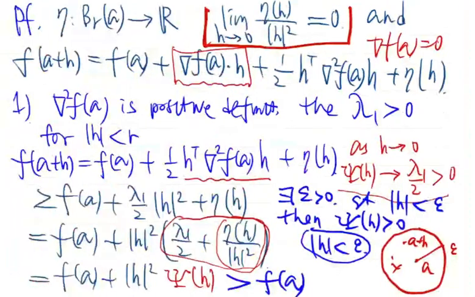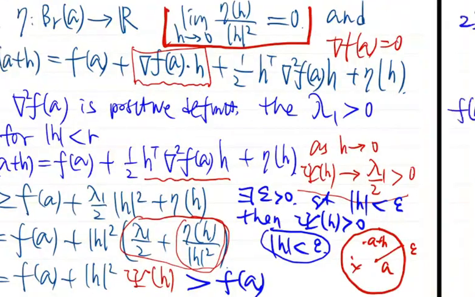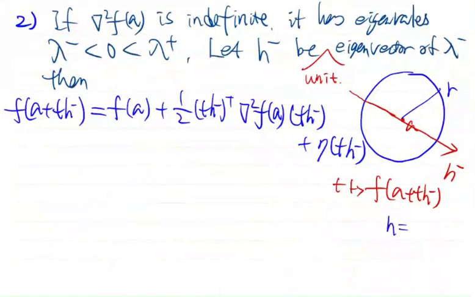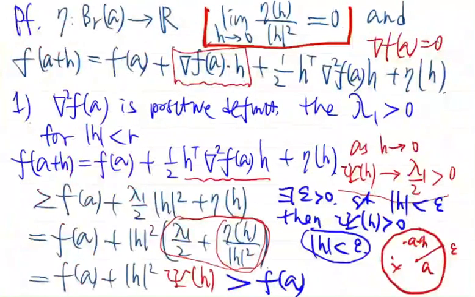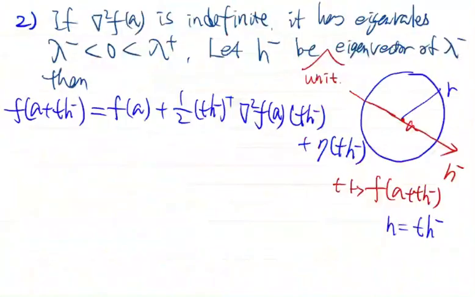Simply replace h by t h minus in our previous Taylor expansion, the second line in this page. Okay, so we get this equality in blue. Therefore we need to study the last term.